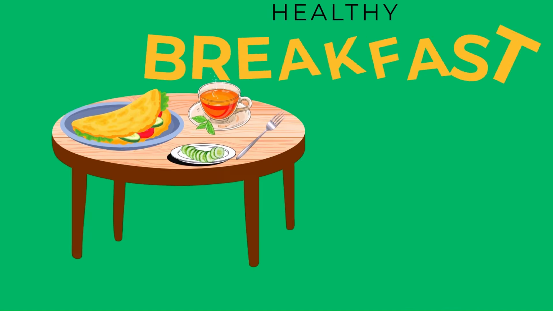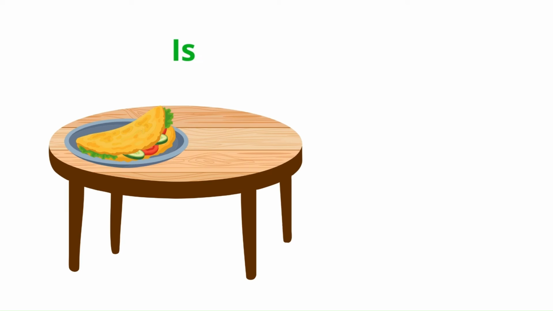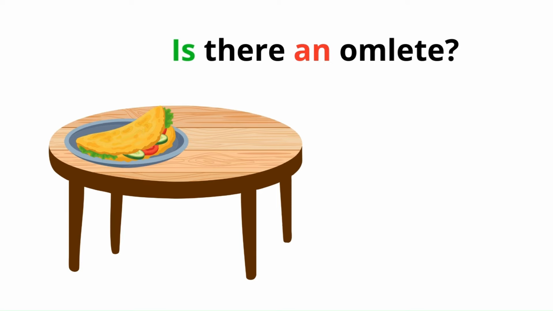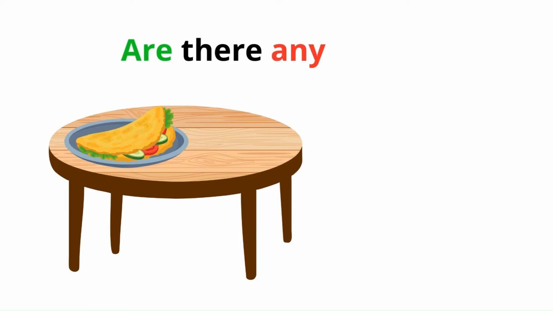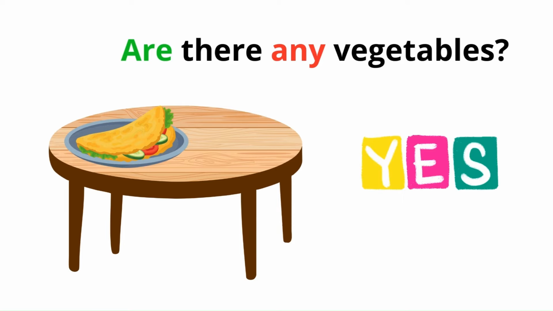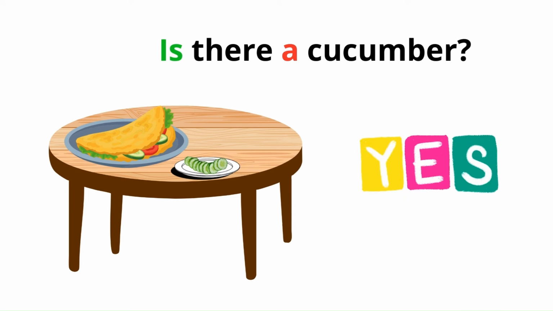Look at my healthy breakfasts. Is there an omelet on the table? Yes, it's healthy. Are there any vegetables on the table? Yes, it's healthy. Is there a cucumber on the table? Yes, it's healthy.